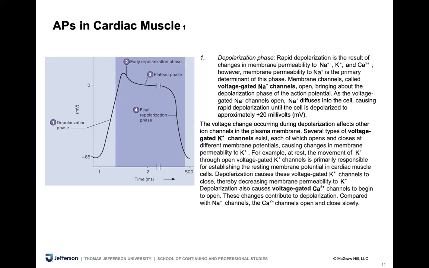This depolarization causes these voltage-gated potassium channels to close, thereby decreasing membrane permeability to potassium. The depolarization also causes voltage-gated calcium channels to begin to open. These channels contribute to depolarization. Compared with sodium channels, the calcium channels open and close relatively slowly.